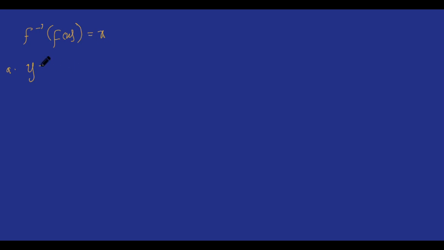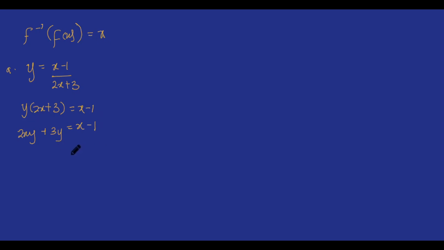So y is equal to x minus 1 divided by 2x plus 3. So when required to find the inverse, what we try to do is we'll make x the subject of the formula. So when we cross multiply, we have y multiplied by 2x plus 3 will be equal to x minus 1. It means 2xy plus 3y will be equal to x minus 1.